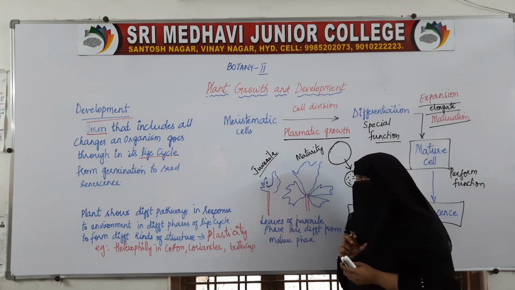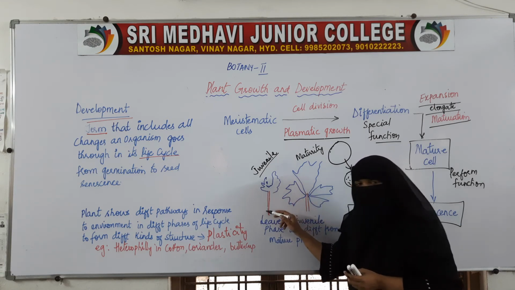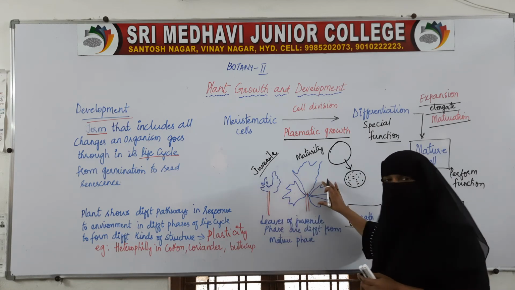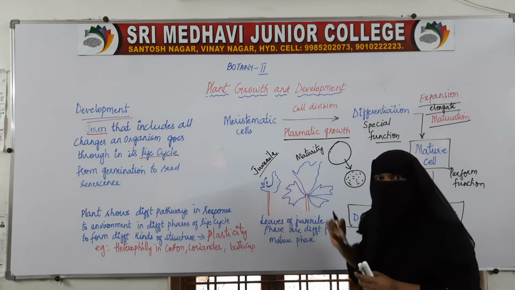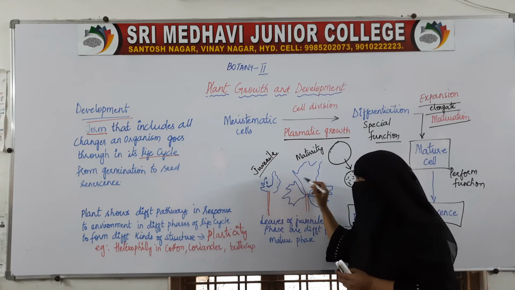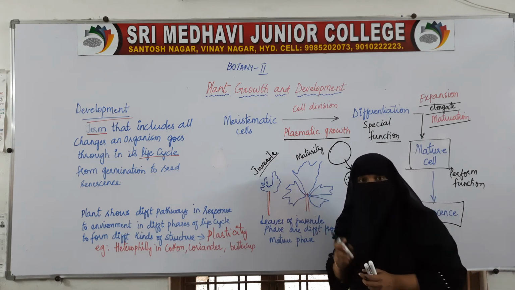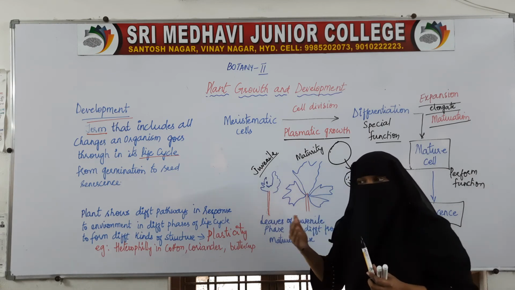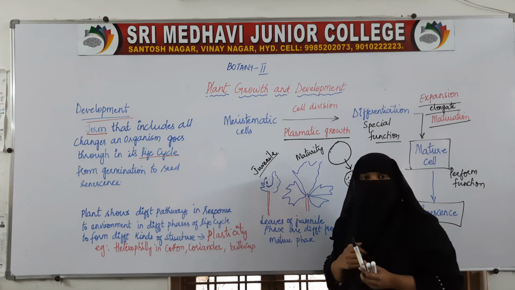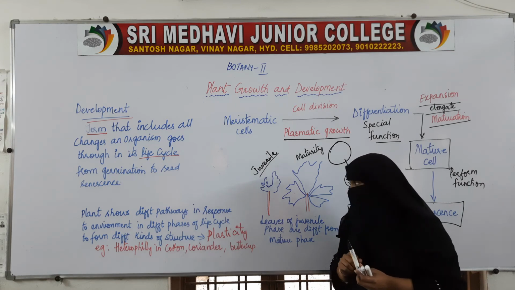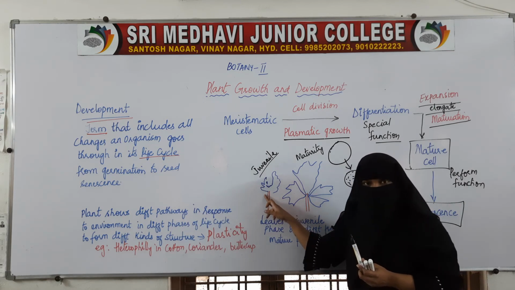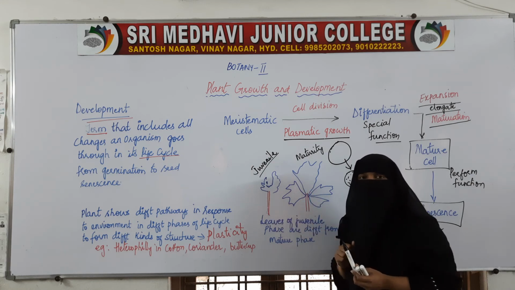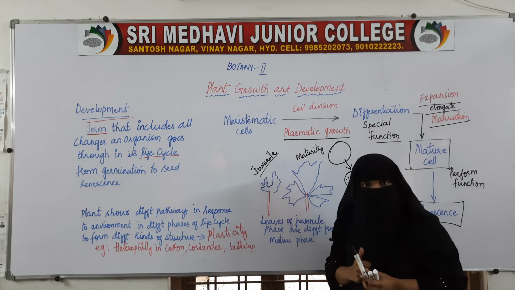Depending on the environmental conditions, in the juvenile phase the structure formed is different, and in the mature phase the structure formed is different. This is also a leaf, this is also a leaf, but during different phases the leaves are formed in different structures.